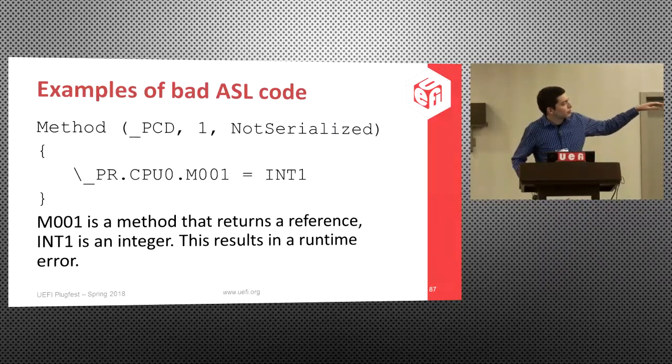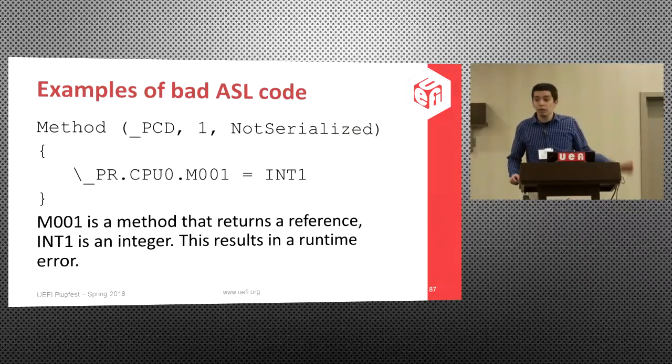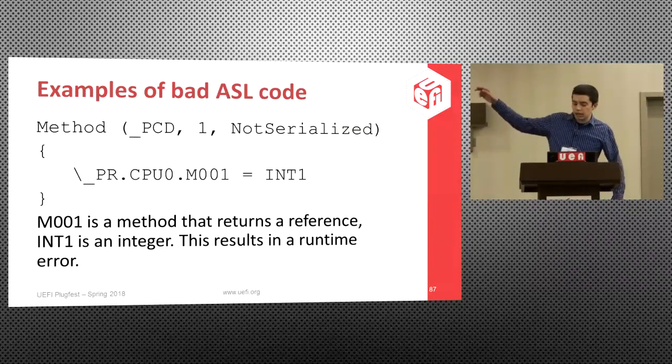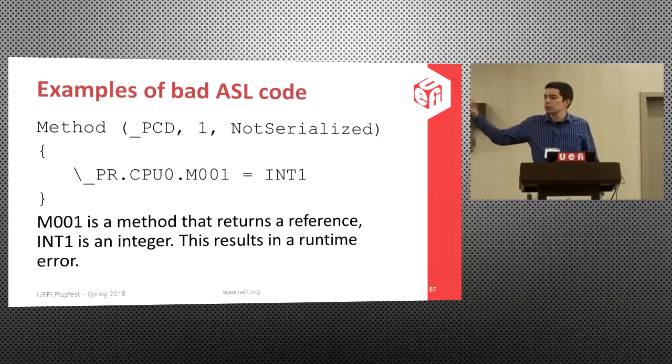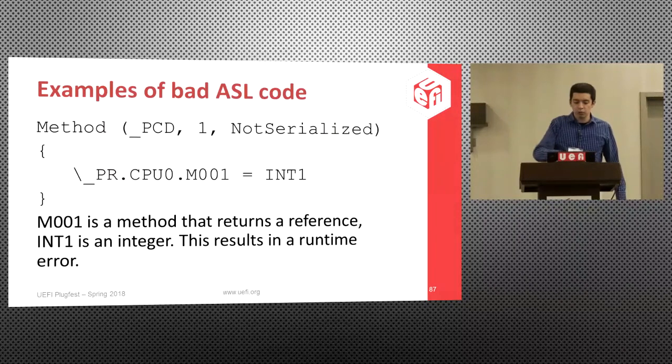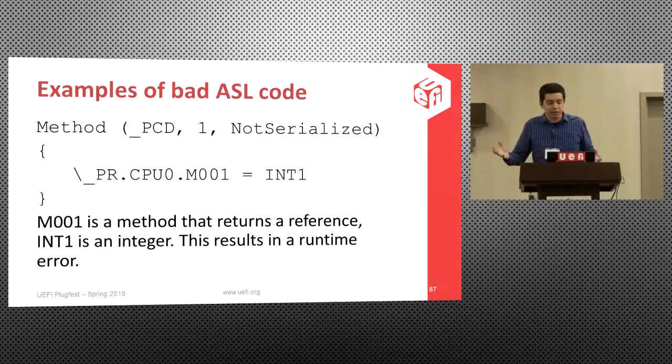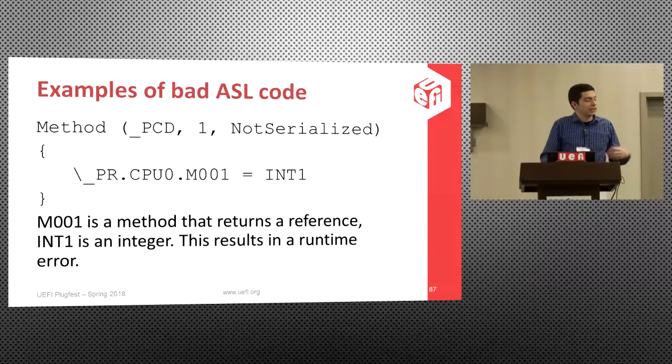In the context of method execution, when the interpreter runs into an error, it aborts the execution of the method. So if we have anything after this line of code, it does not get executed. This is getting a little bit more serious.